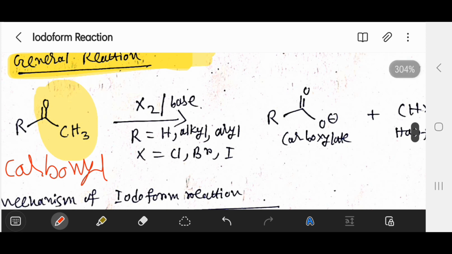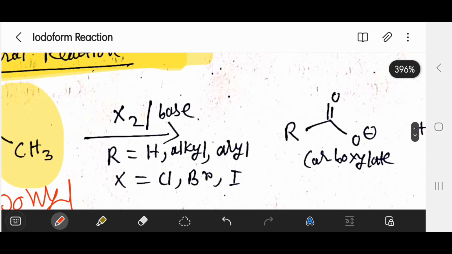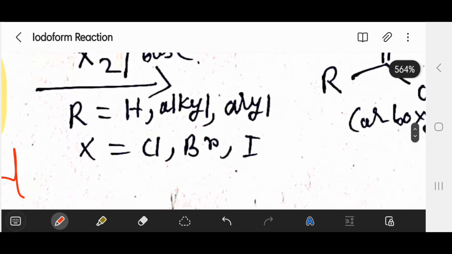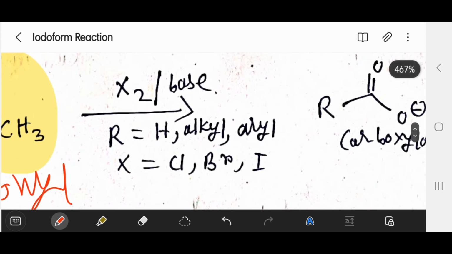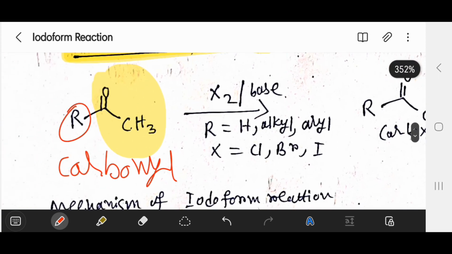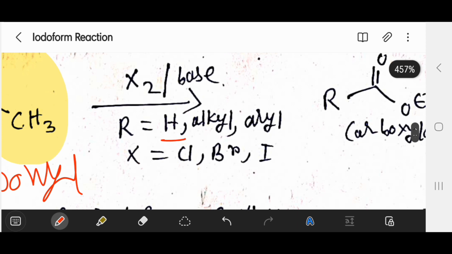Under this condition with a halogen, X2 is a halogen, and X2 must be chlorine, bromine or iodine. Fluorine does not participate in the haloform reaction because the fluorine bond energy is too high to be broken in such a reaction. And the R group may be hydrogen, alkyl, or aryl.